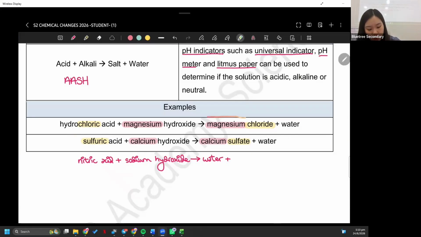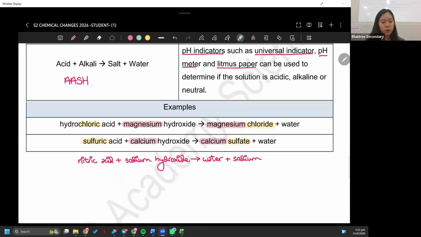The first part is always the name of the metal. Over here, where is the metal? Sodium. So I know it's sodium something. Then what's the second part? Where does it come from? Water is one of the products, but over here we don't have water.